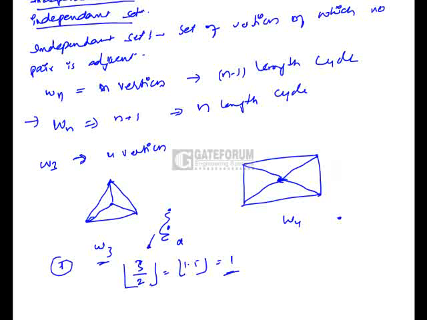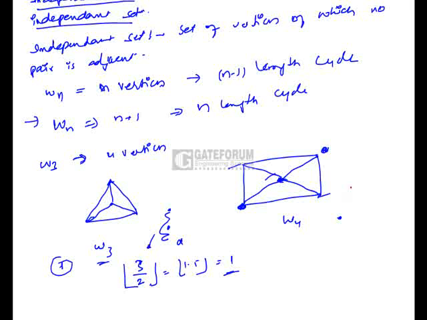If I am taking this vertex, I can't take this, I can't take this, but I can take this. If I am taking the middle vertex, the center vertex, I can't take any other vertex. So here the largest independent set is of size 2. The number of vertices in the largest independent set would be 2, and that is nothing but the independence number.